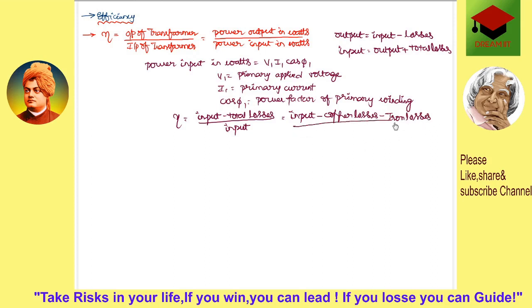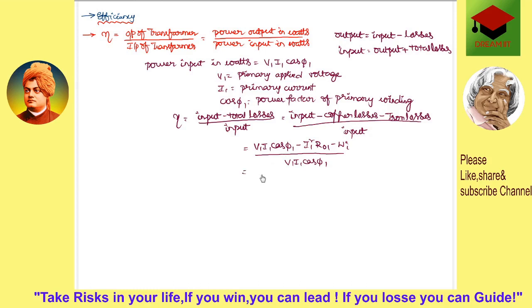In mathematical form, the input power is V1 I1 cos phi 1, minus copper losses I1 square R01, minus iron losses, which I simply represent with Wi, divided by V1 I1 cos phi 1.